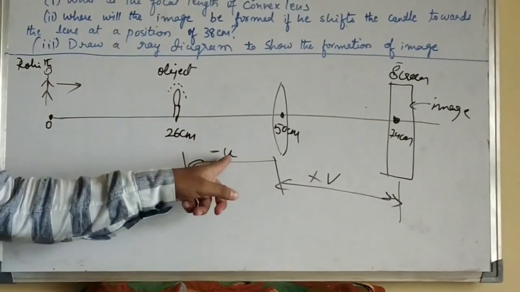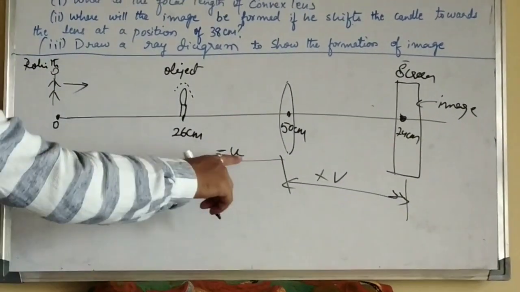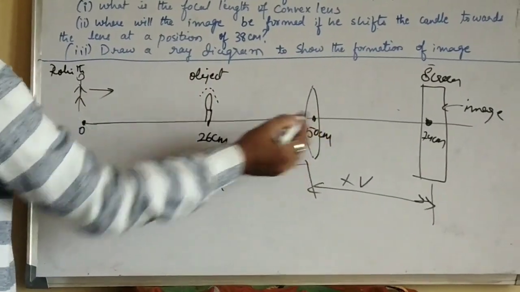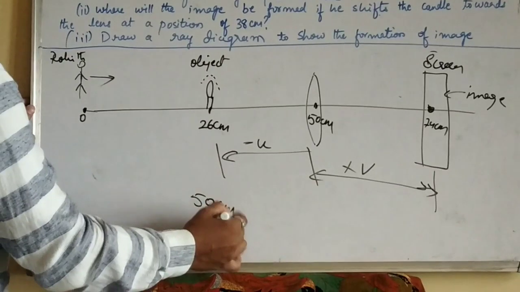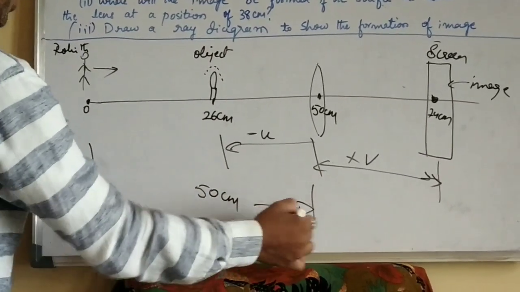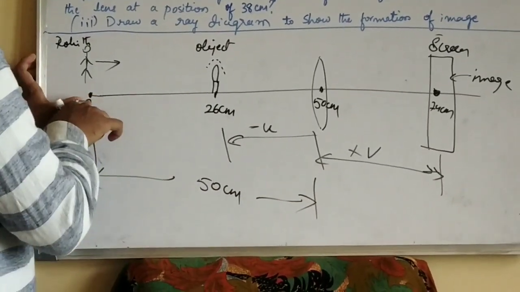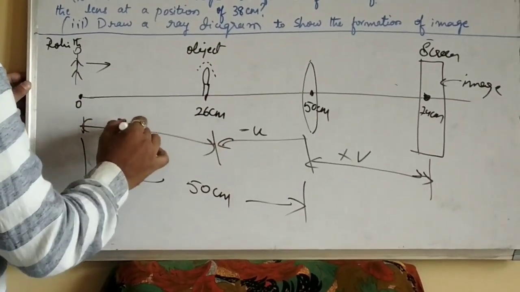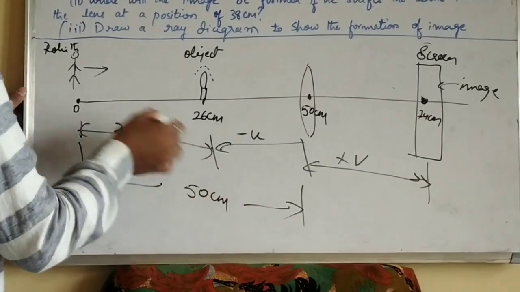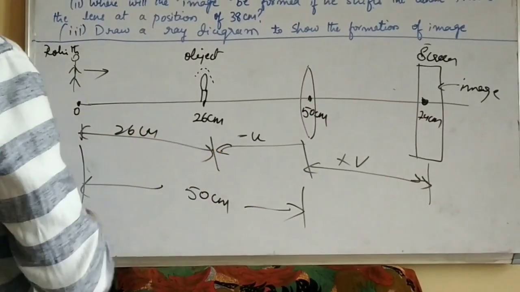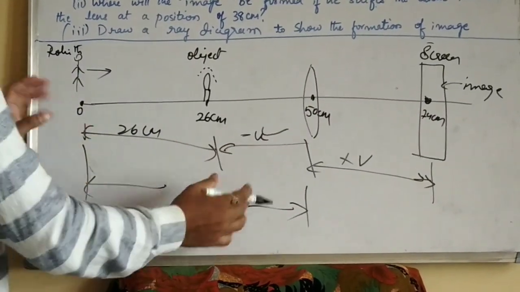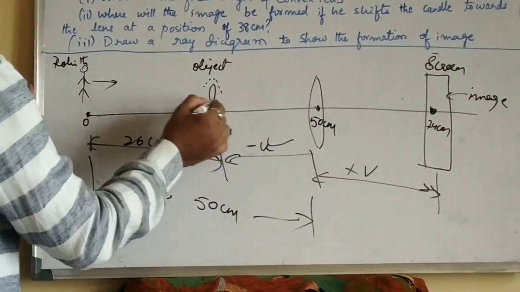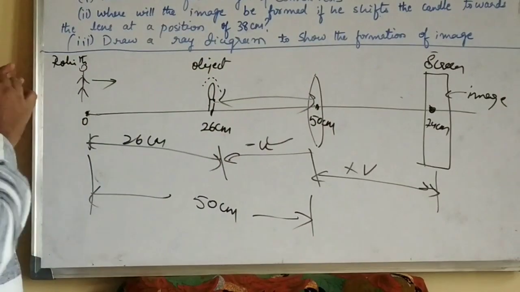Now, what is the value of u? What is the value of v? In order to find the value of u, again start from here. From 0 to lens, it is 50 centimeter. From the same 0 to object, it is 26 centimeter. So 50 minus 26 will give you u. That is, this distance minus this distance will give you the object distance.